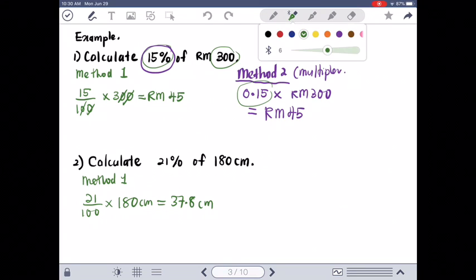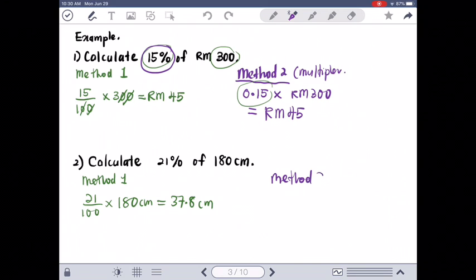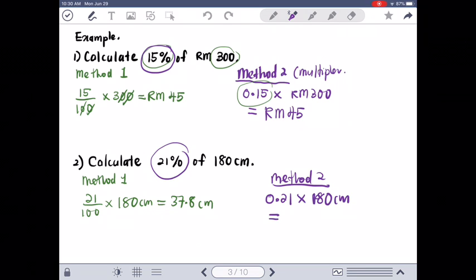For method 2, the same process, you use the multiplier. The multiplier for 21% is 0.21. Multiply with 180 centimeter, you should get the same answer if you press your calculator, 37.8 centimeter.